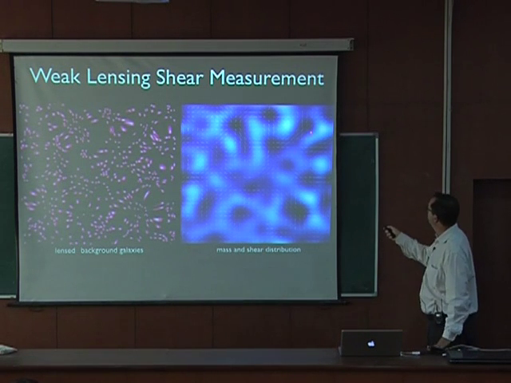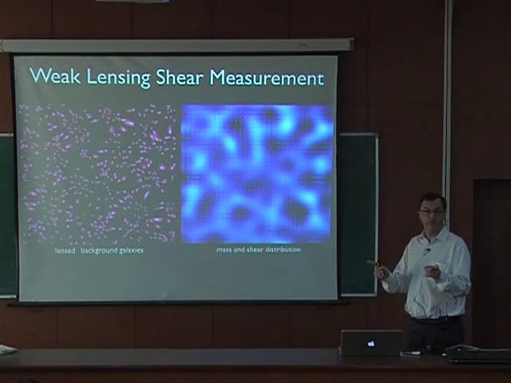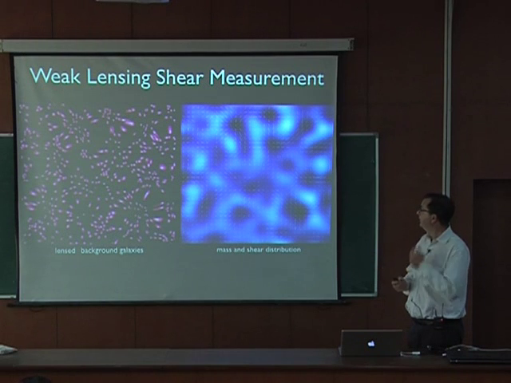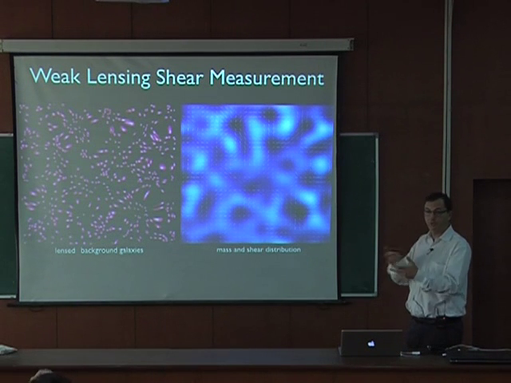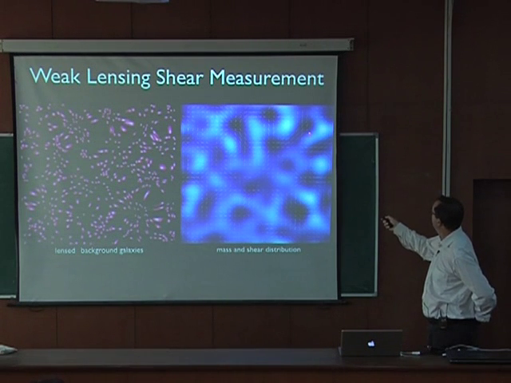Okay, and so it's a way of representing that shear. So the shear has two components, gamma 1 and gamma 2. So it has basically two pieces of information which you can turn into a direction and an amplitude of the shear, and you can represent it by a line segment.